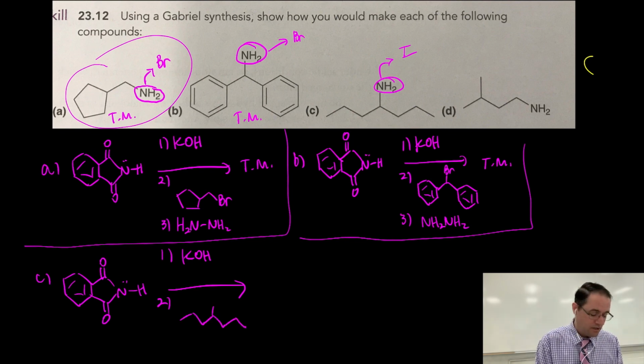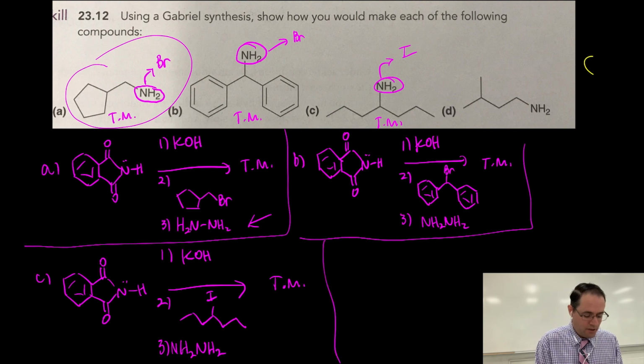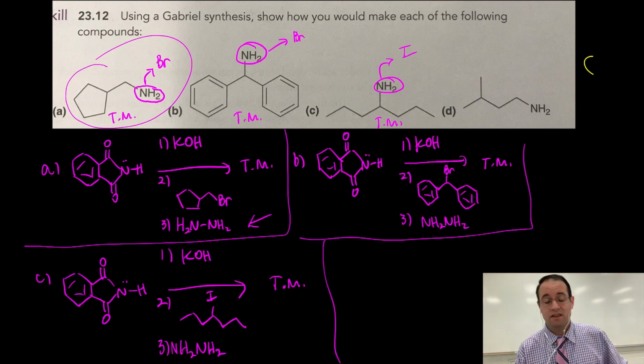Add your molecule in there with the exact branching and location for your iodo leaving group. So there's the iodine atom. And then you want to add your hydrazine. NH2 is fine. If you want to draw the bond, you can draw it like that. And that'll make your target molecule there. Kind of out of space, so I'll just leave it there. But that's how you do this problem here.